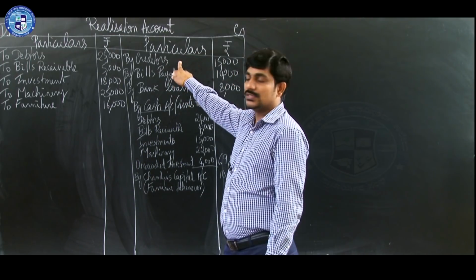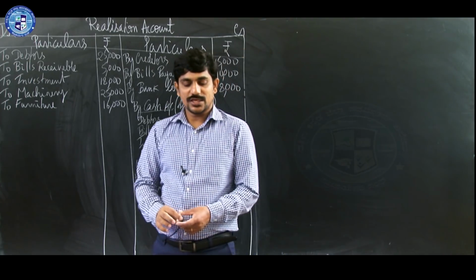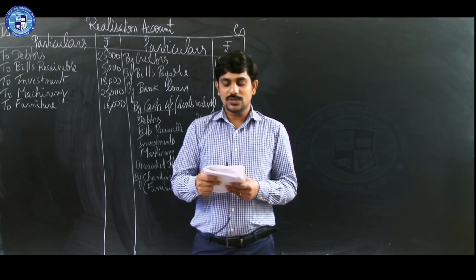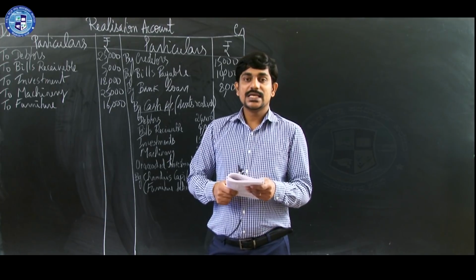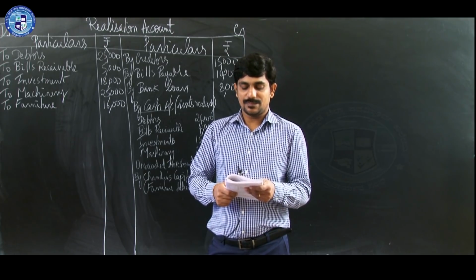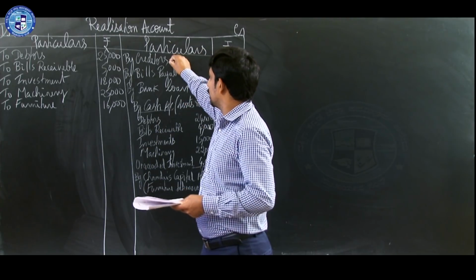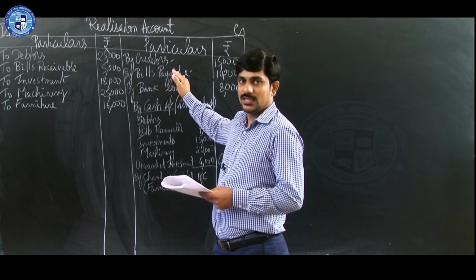Now what about liabilities? How many liabilities we have? External liability 3. Let us go to the adjustment and find out what information is provided about liabilities. Adjustment number C, they have given creditors and bills payable are paid at a discount of 5%. So external liabilities we need to pay to the outsiders.